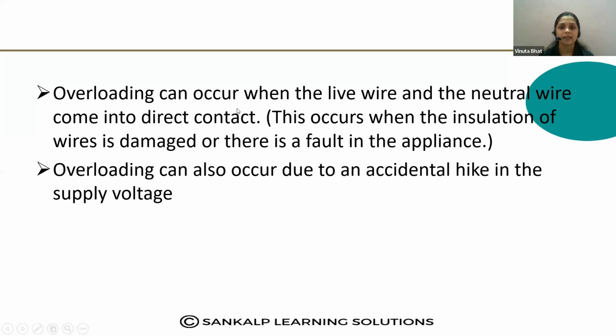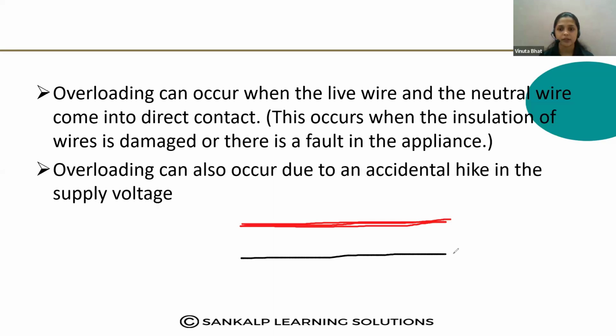Overload can occur when the live wire and the neutral wire come into direct contact. There are three types of wire: earth wire, live wire, and neutral wire. Just imagine, this is the live wire, and this is the neutral wire.